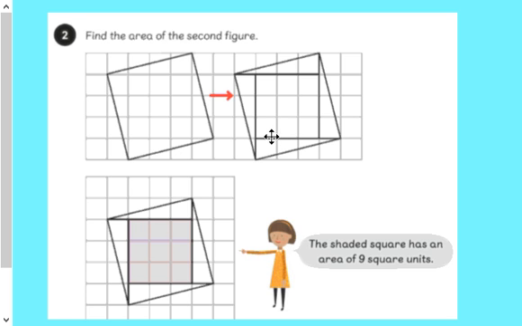So in here, if we were to divide the shape up into the squares here, we've got 1, 2, 3, 4, 5, 6, 7, 8, 9. So we know that the area of this shaded part here is 9 squares. What we need to do now is find the area of these parts here.